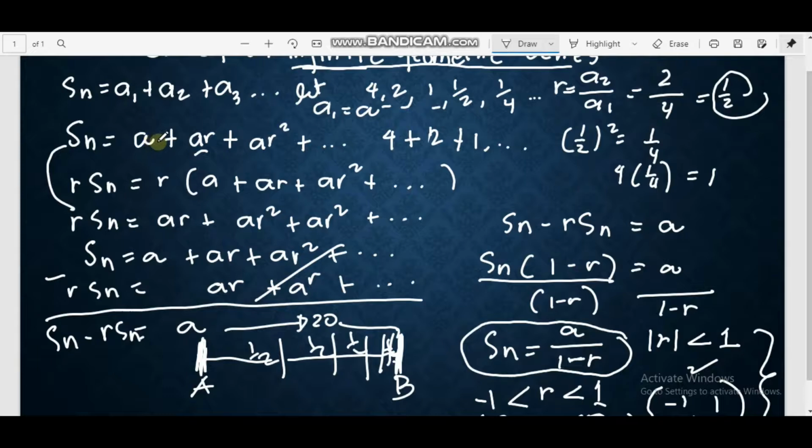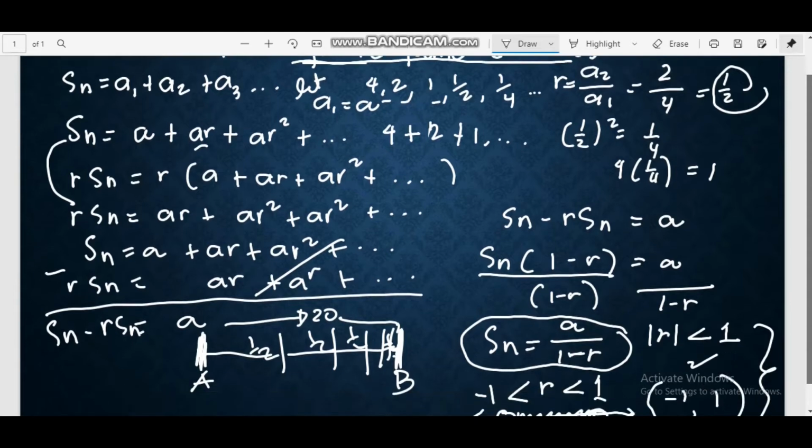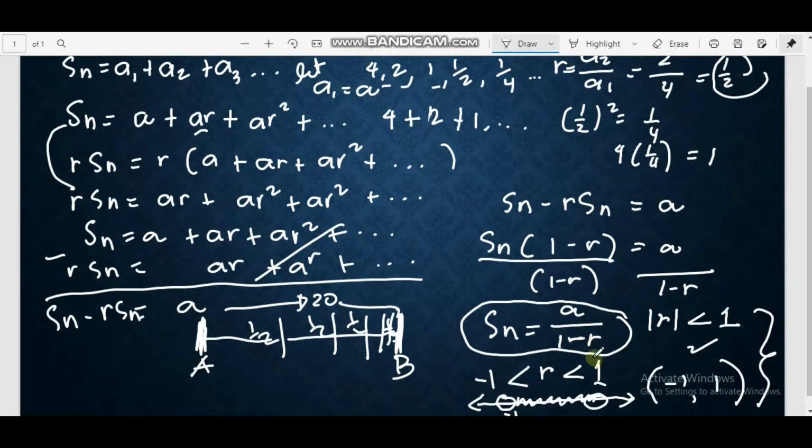Any positive counting number power of 1 is still 1. So it becomes a plus a plus a plus a, going on infinitely, like 2 plus 2 plus 2 or 4 plus 4 plus 4. So r cannot be 1, because then your geometric sequence has no sum. And if you substitute 1 directly into the formula, 1 minus 1 is 0, so your denominator is 0 and the result is indeterminate.